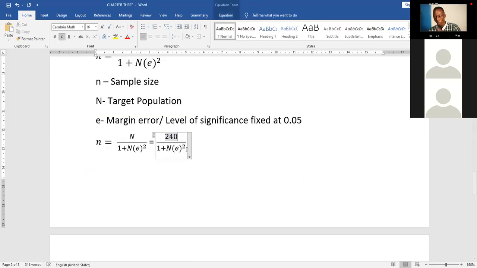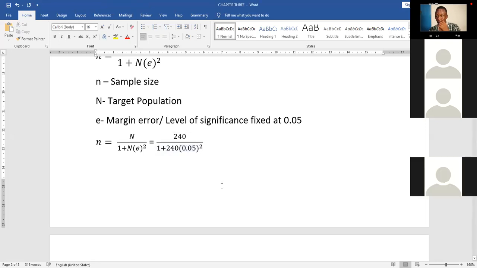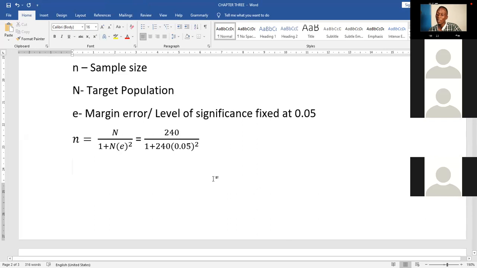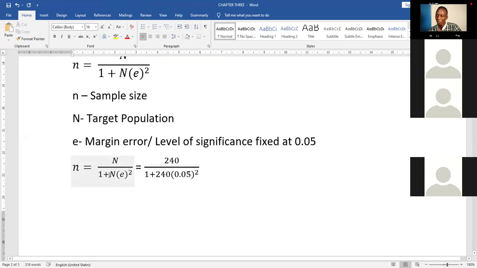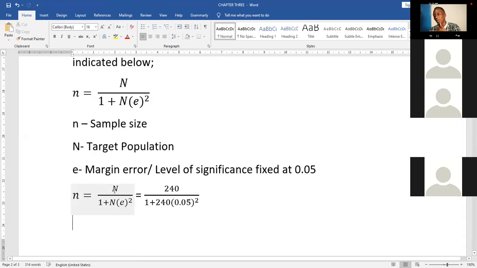So we are going to put 240 here, even here, we're going to put 240. And then here, we're going to put 0.05. So that when you substitute in here, you're supposed to calculate and come up with the sample size. So we have substituted the symbols here as capital N.